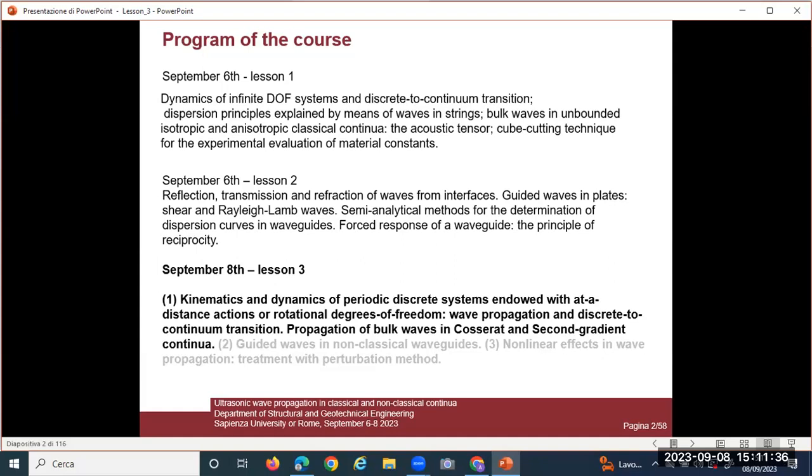The first of these two is basically the second gradient continua, and those which have rotational degrees of freedom are the Cosserat continua. We will see how waves propagate in this kind of media and how to operate a discrete to continuum transition. We will also present the propagation of bulk waves in this kind of solids or continua as well.